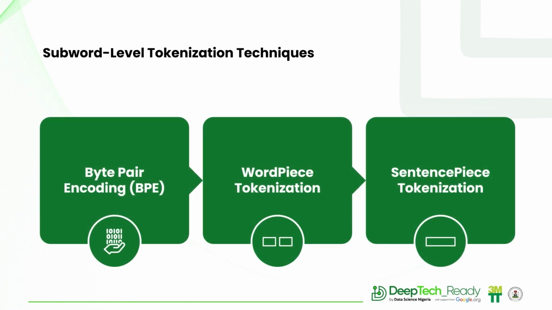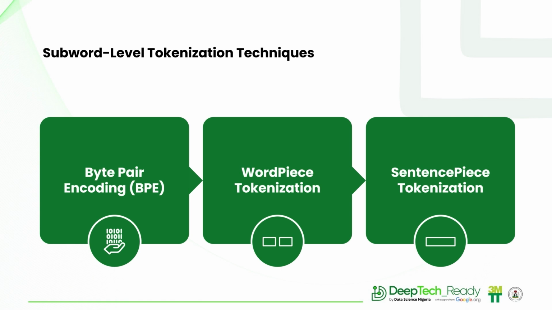Now, subword level tokenization methods include byte pair encoding, WordPiece tokenization, SentencePiece tokenization, and there are several others including unigram tokenization, etc. But these three are the ones we will be discussing in this particular session.